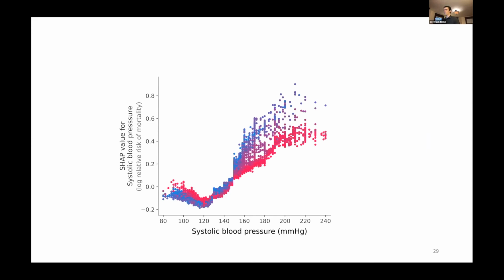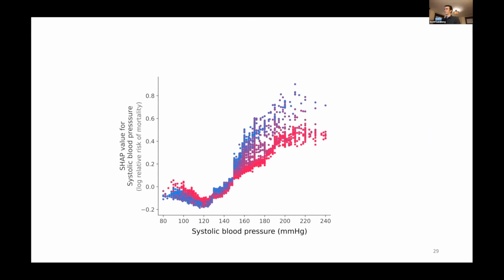When we plot a dot for every person, just like we did before, we can see that the risk is lowest at about 120, which makes sense, and then just increases more or less linearly, which means exponentially in your risk of mortality from there. Okay, so 120 all the way up to 220, you see this sort of not surprising systolic blood pressure risk.